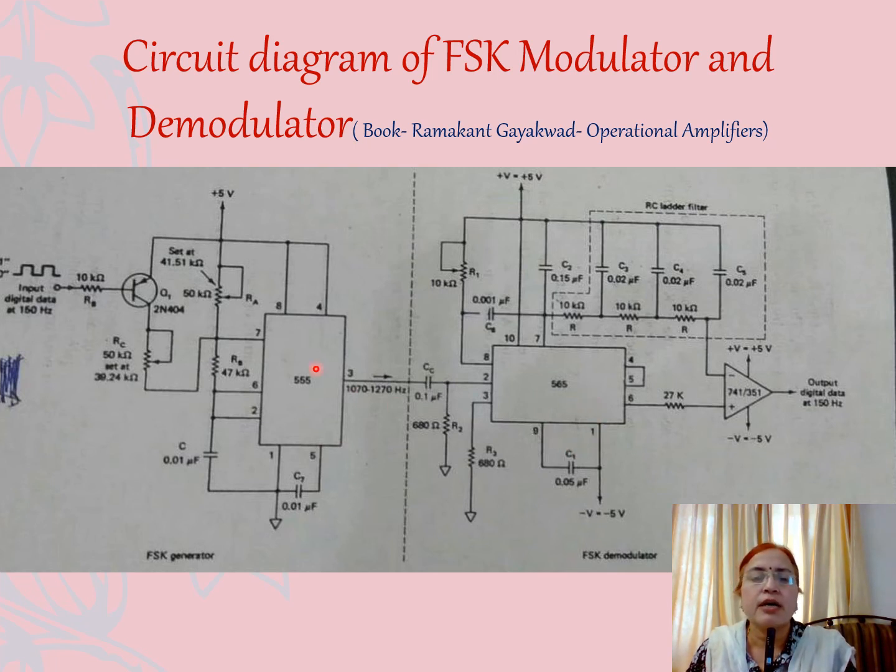At the output of this FSK modulator, two frequencies will be generated, one high frequency and another low frequency, depending on the signal received from the computer here. Similarly, at the output of the FSK demodulator, you will get two outputs depending on the frequencies received from this FSK modulator. The two outputs will be high voltage and low voltage.